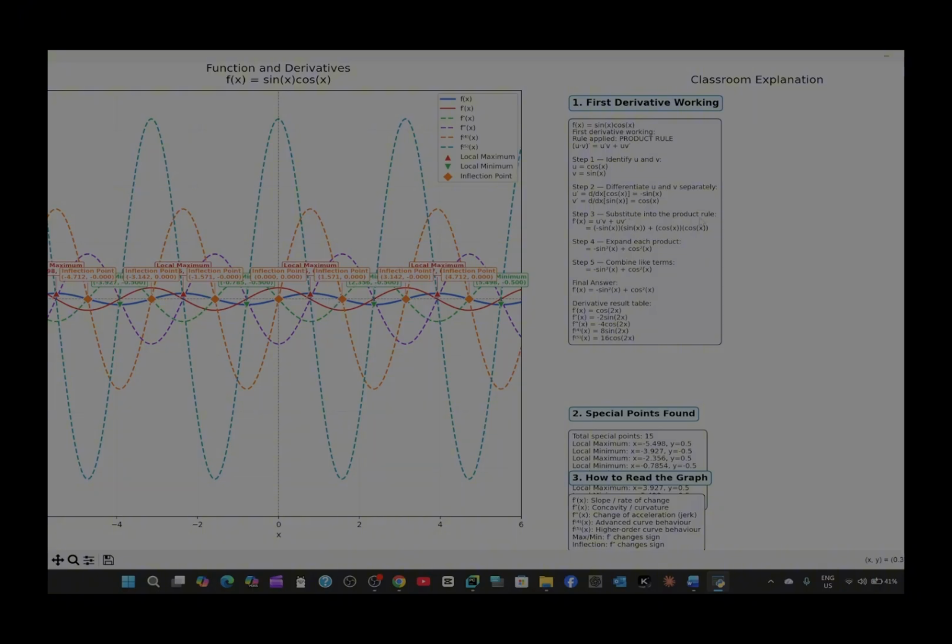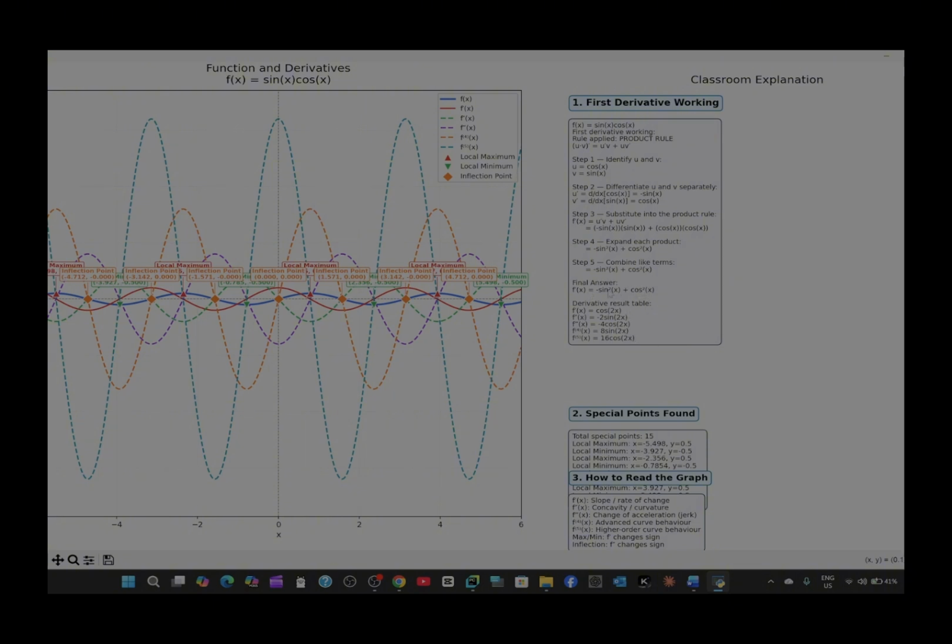Step three, substitute in the product rule. So I got all this, substitute in there. Step four, expand the products and give you the answer. Step five is the final combination, term by term. So the final answer will be minus sine squared x plus cos squared x. This is the final answer for the first derivative.